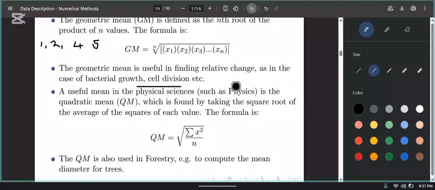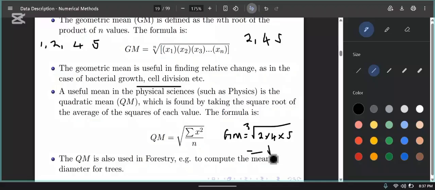But for the formula, let's say you are given the numbers 2, 4, 5. To find the geometric mean is very simple. You count the numbers: 1, 2, 3. There are 3, so you put 3 here, so that will be the cube root. Then you simply multiply the numbers, 2 by 4 by 5, and the calculator will do everything.